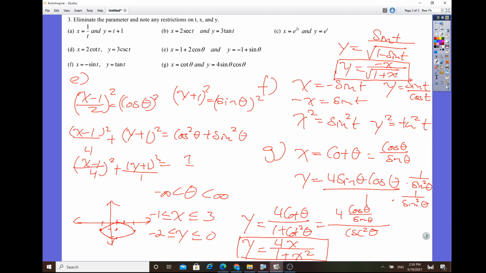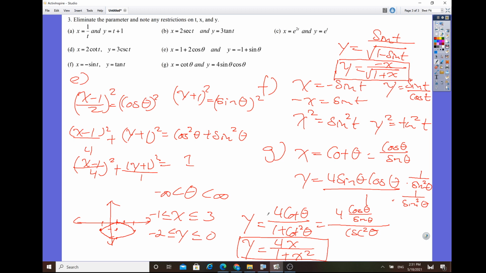Again, find the restricted values for x just by interpreting the domain and the range. Looks like t here cannot be 0, cannot be pi, cannot be pi over 2, cannot be 3 pi over 2, and also cannot be 5 pi over 2, and so on and so forth. And x here cannot be negative 1, and also cannot be anything less than negative 1.